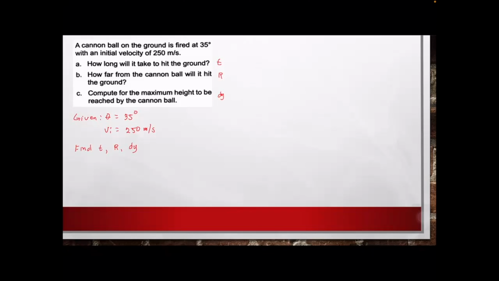So, let's have the solution. To find time, the formula is 2 Vi sine theta over g. So this is 2 times 250 times sine of our angle 35, over 9.8.